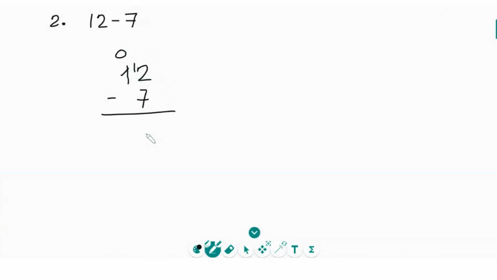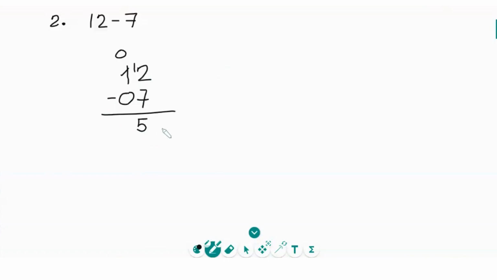So 12 minus 7, that will give us, 2, 3, 4, 5, 6, 7. We're going to be left with 5. Well, 0 minus 0 here is still 0, so we don't need to write a 0 there. Now that we finished subtraction, we're going to use addition to check our answer.